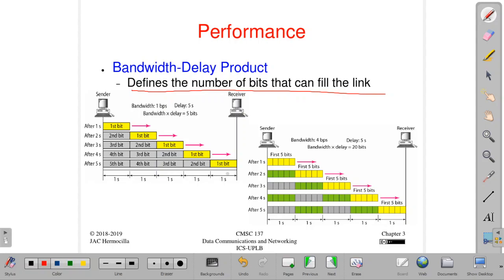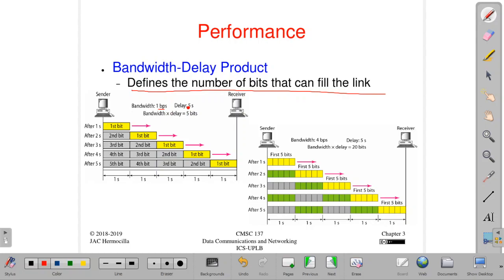So let's take the first figure. In this illustration, we have a bandwidth of 1 bit per second and a delay of 5 seconds. So this is the sequence of bits that will be on the link.